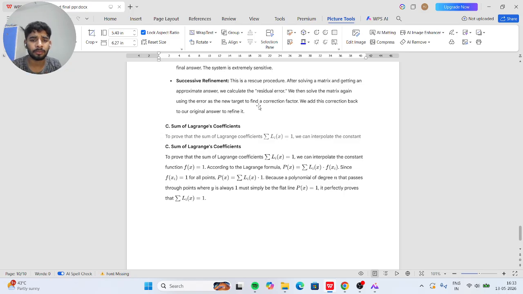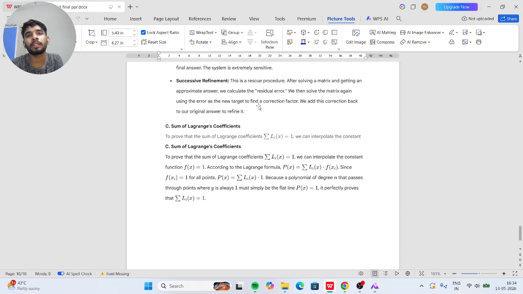We add this correction back to our original answer to refine it. That's how you are getting an answer: you check the error, calculate the residual error, solve the matrix again using the error as the new target, find the correction factor, and add it to the original answer to refine it.